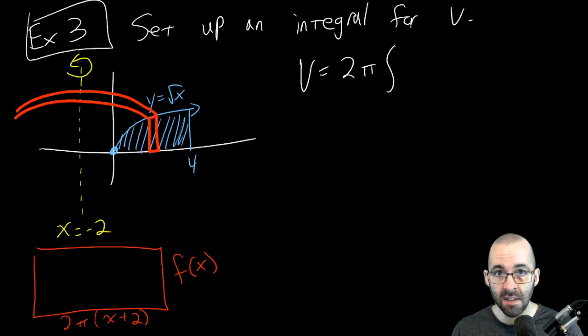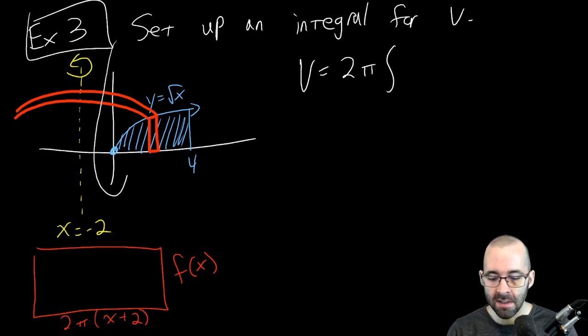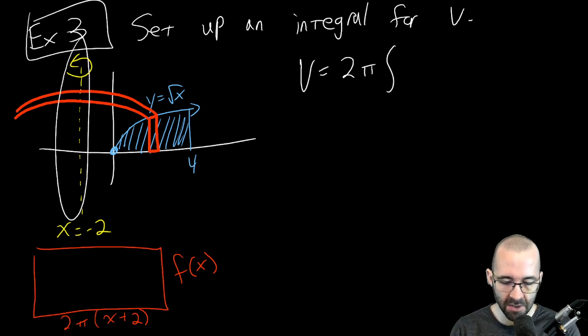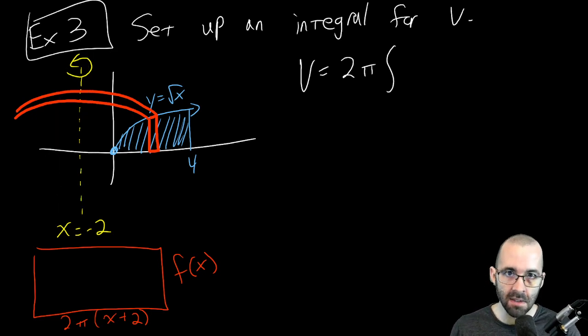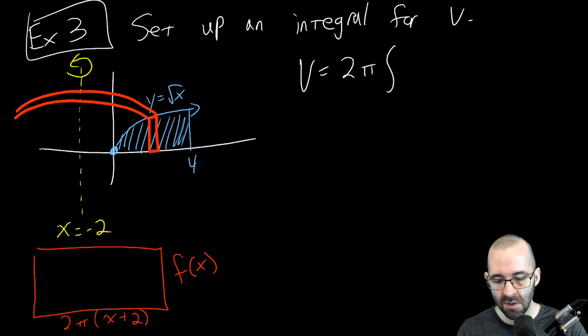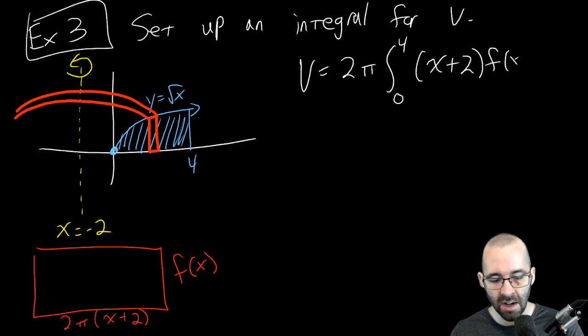We're using x because, again, with the shell method, if we're revolving around the y-axis or something parallel to the y-axis, we use x's. If we revolve around the x-axis, we use y's. So it's the shell method here, revolving around something parallel to the y-axis, so we're going to use x's. Smallest x is 0. The biggest x is 4. And then we'll have an x plus 2 here instead of an x.